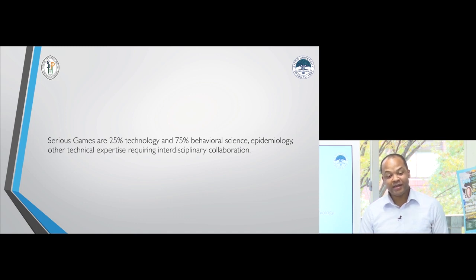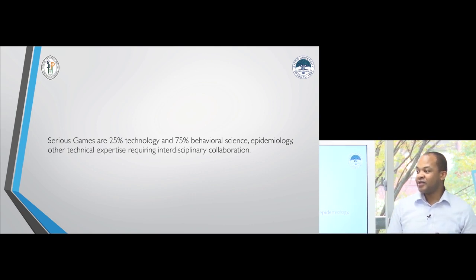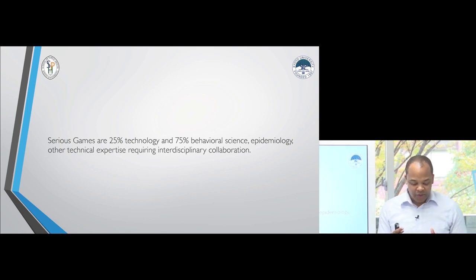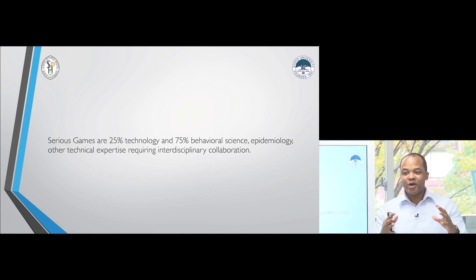The rest, the 75%, is where behavioral science comes in, where epidemiology comes in, where other technical expertise comes in. As you can imagine, you need to collaborate with many other different experts. So this class will really help you find a way to bring all the other experts together in collaborating, in designing and developing a serious game.